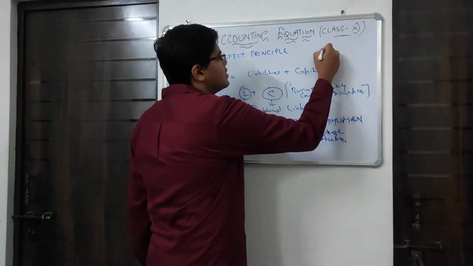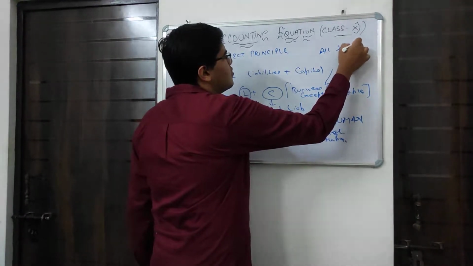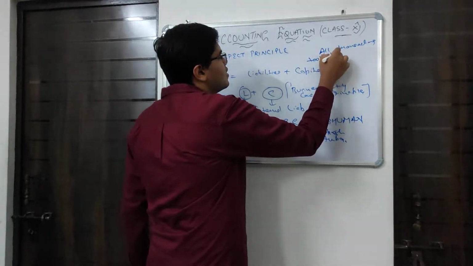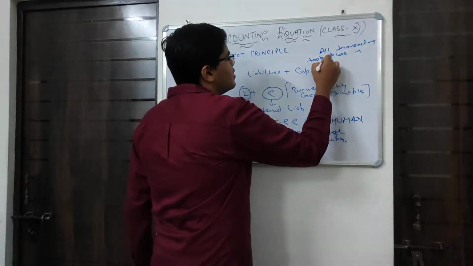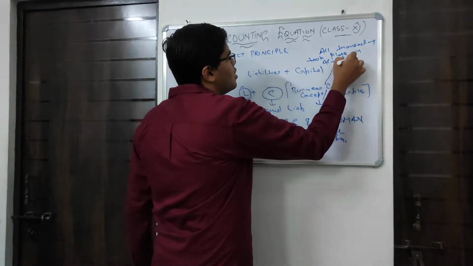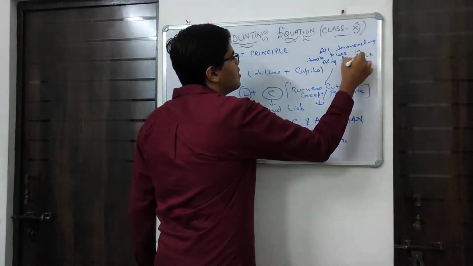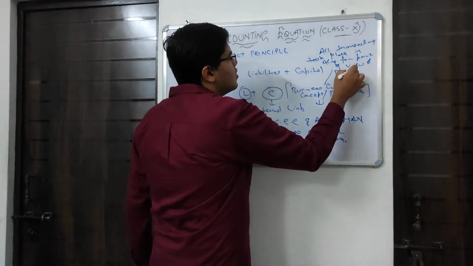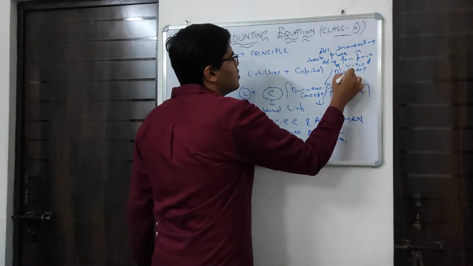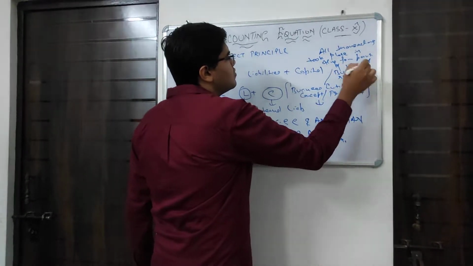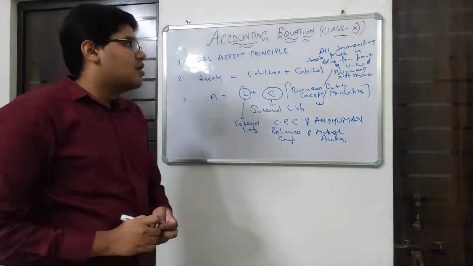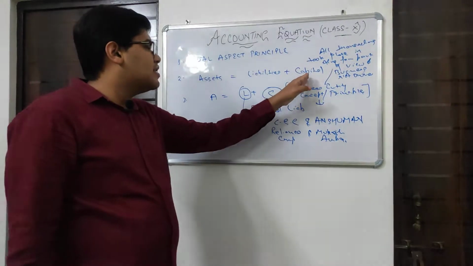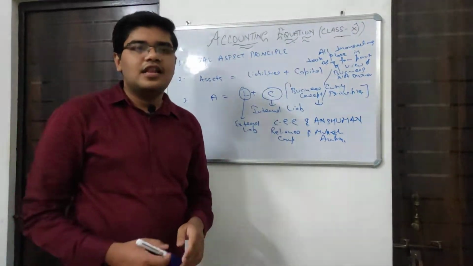All transactions, you have to remember this, all transactions in accounting take place from the point of view of the business, not the owner. This is the most important concept in accounting. So with this third concept also, it is clear why the capital is considered to be an internal liability.